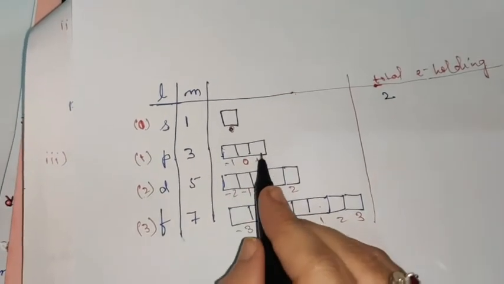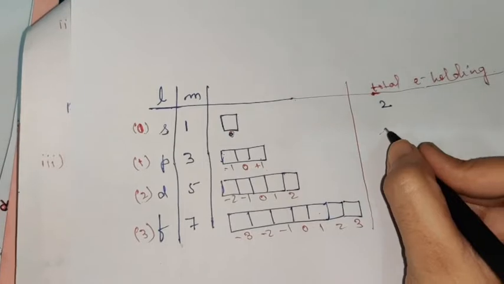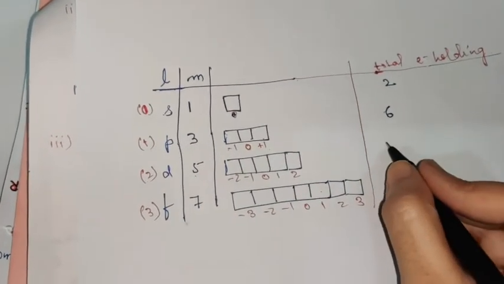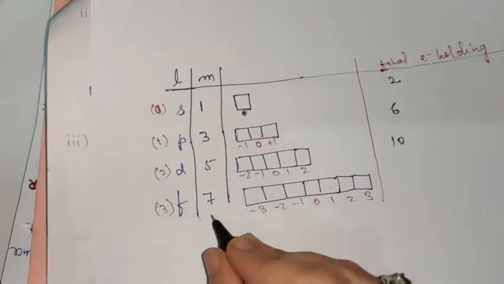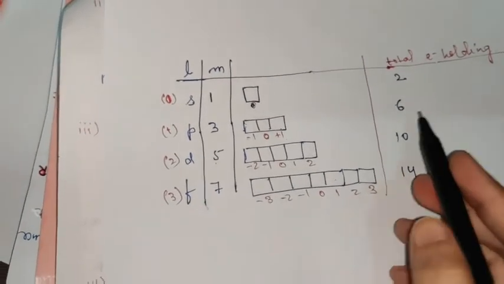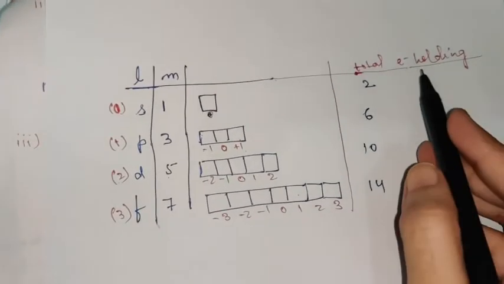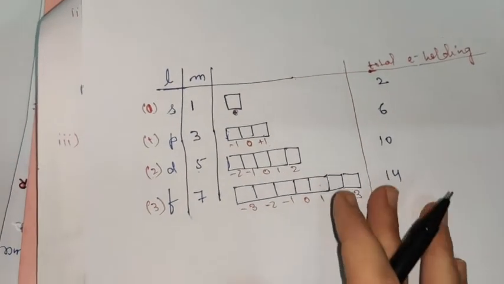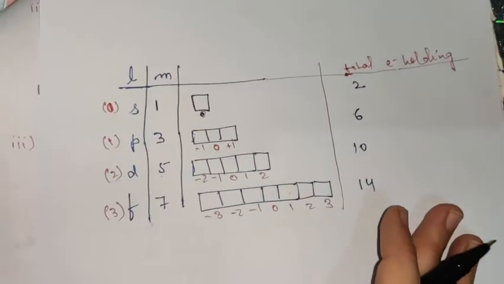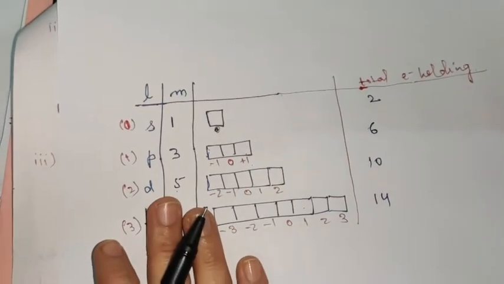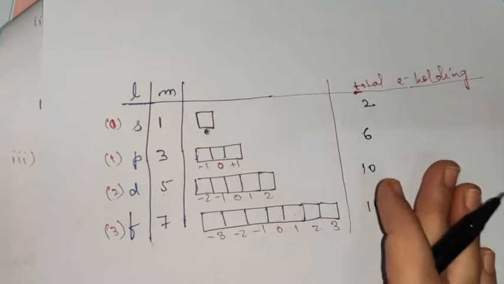P has 3 boxes, so total electrons it can hold is 6. D has 5 boxes, so total electrons it can hold is 10. F has 7, so total electrons it can hold is 14. Like this you can find out the maximum electron holding capacity of each subshell. So in short, you got the information about shell, subshell, orbital, and the number of electrons in each orbital.